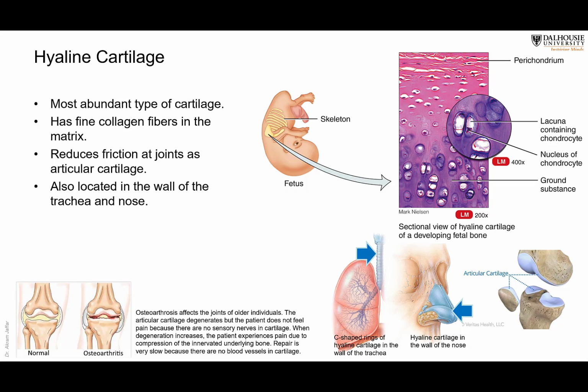Unfortunately, this cartilage, I would like to remind you, is avascular and does not have nerve supply. So with the aging process, with the wear and tear that takes place in the cartilage in the joint, this will result in destruction of the cartilage. This is called osteoarthritis or osteoarthrosis, but the problem is that the patient is unaware of it until the destruction reaches the bone, which is sensitive.